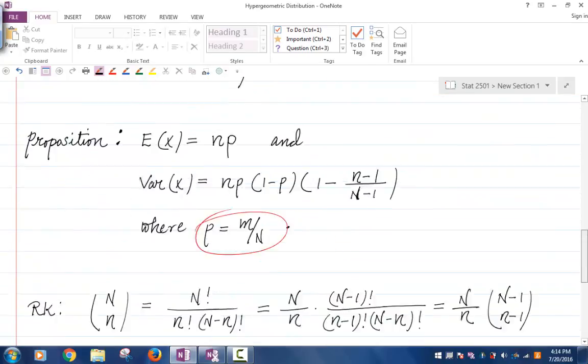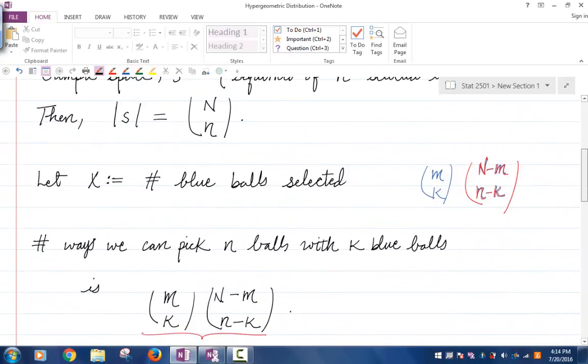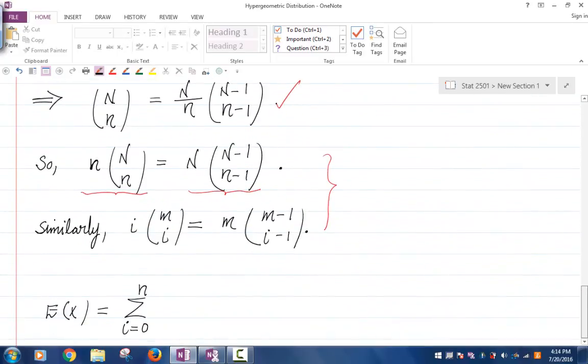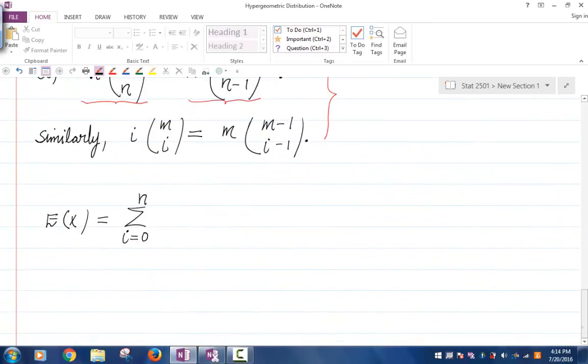The reason is x is the number of blue balls, and we are picking small n balls, so the maximum number of blue balls would be small n. So now we multiply i with the probability of i.